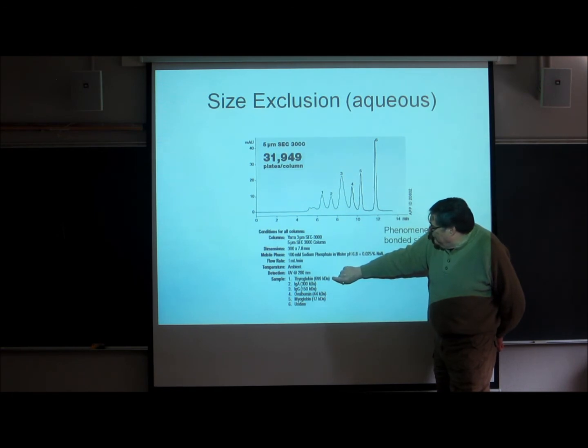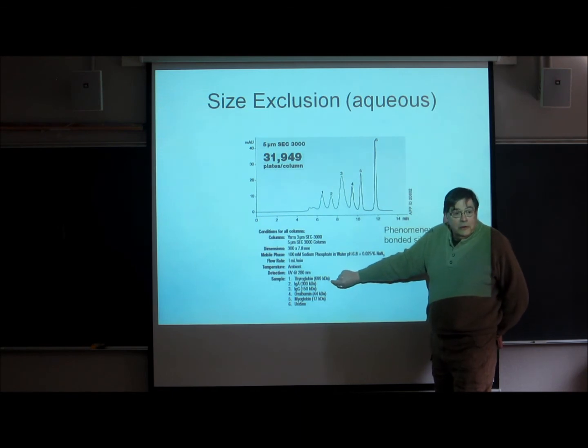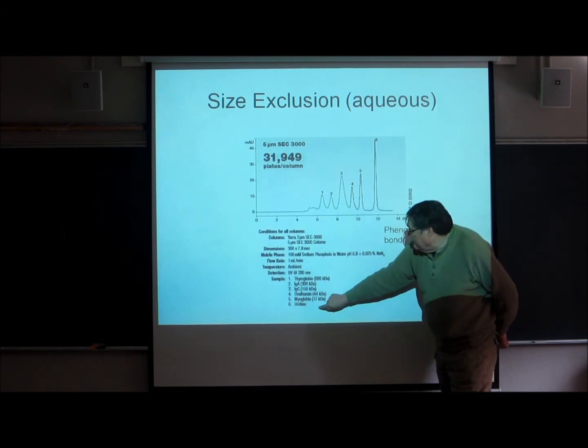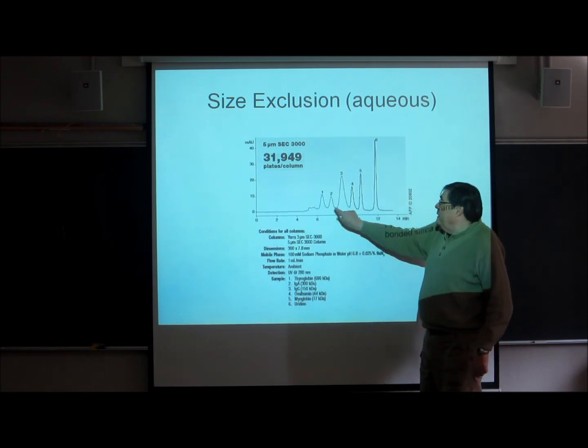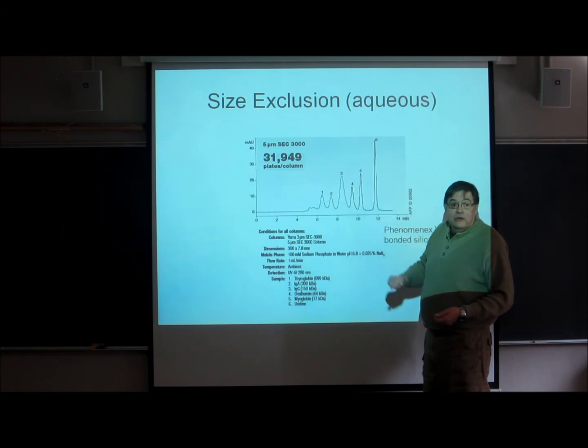Peak number 1 is from a 699,000 molecular weight protein, and peak number 2 is 300,000, and then 150,000, 14,000, 17,000. And then I don't know what that is, but again, the large molecular weights come out first. The small molecular weights come out last.